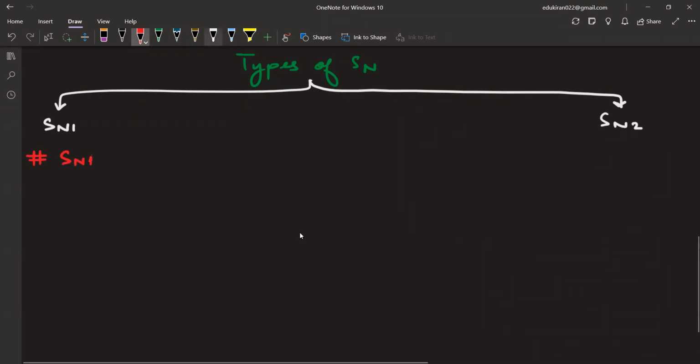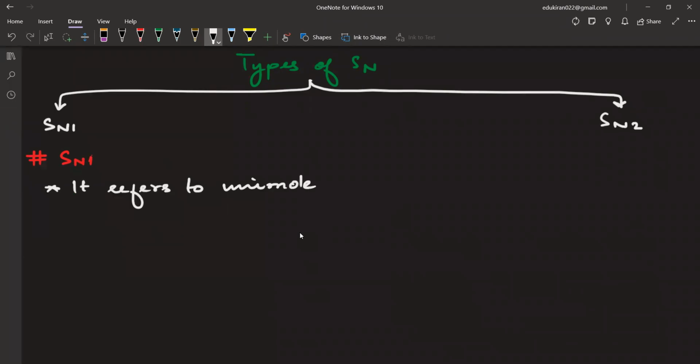Sn1. It refers to unimolecular nucleophilic substitution reaction.